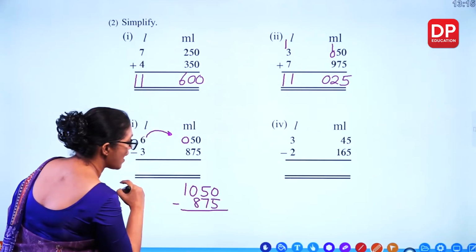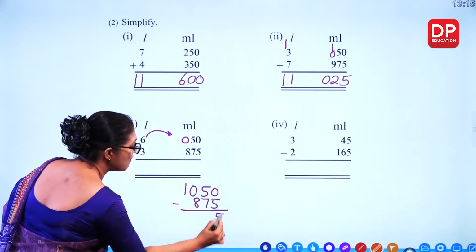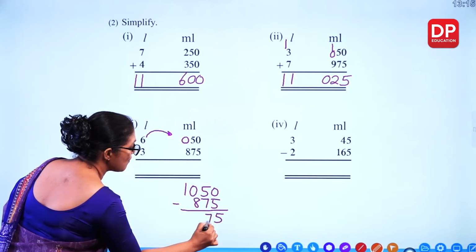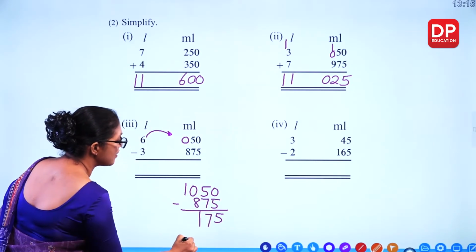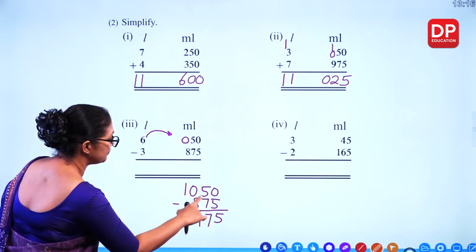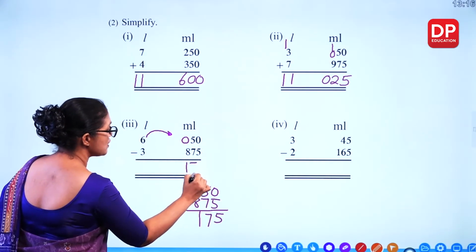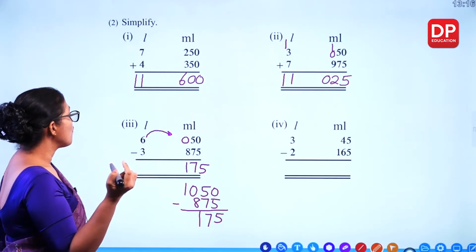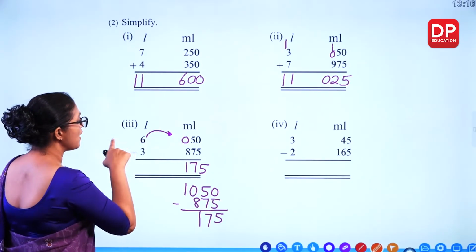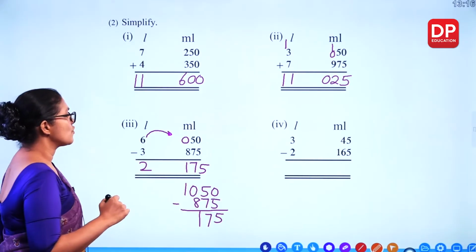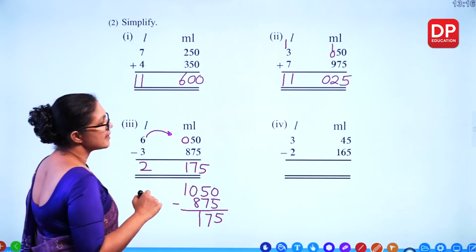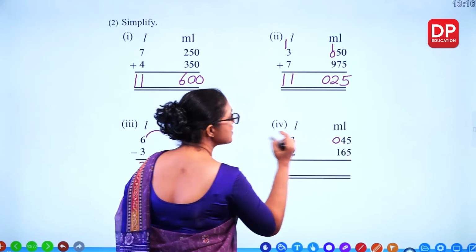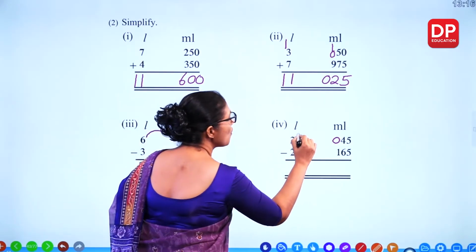When you subtract, you get 5 and here 7 and 1. So 175 here. So here we have already taken 1. So 5 minus 3. This becomes 5. 5 minus 3, that's 2. Take this one here, put 0 first. You can't subtract. So take 1 from here.